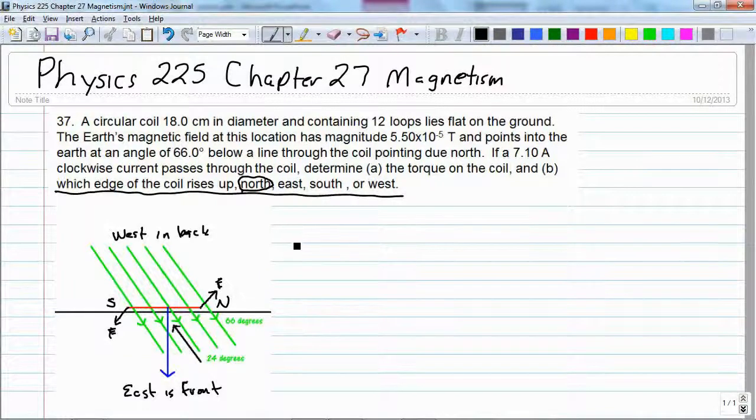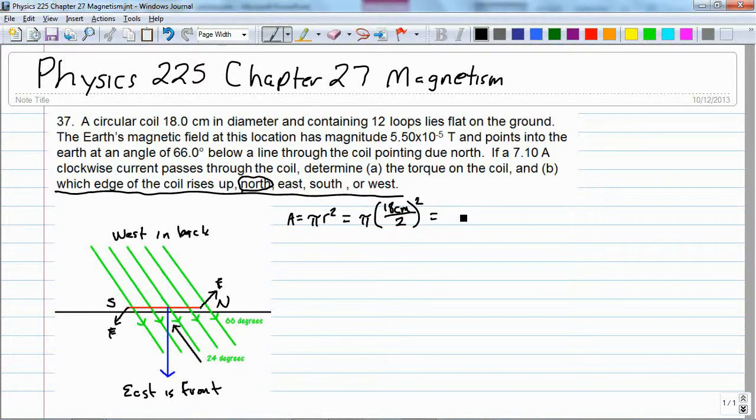The area is of the circle, so the area is equal to pi r squared, which is pi times the diameter, 18 centimeters, divided by 2 to get the radius, squared.